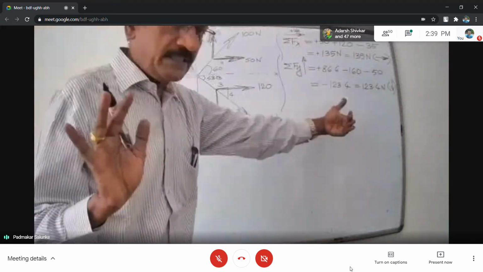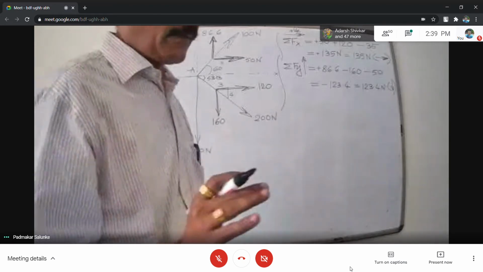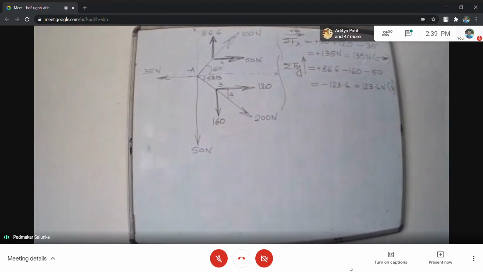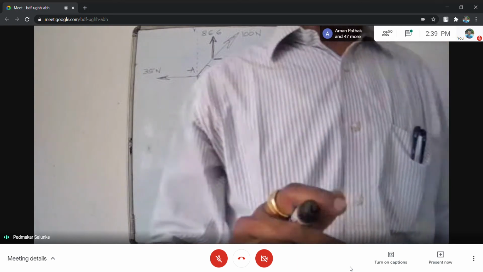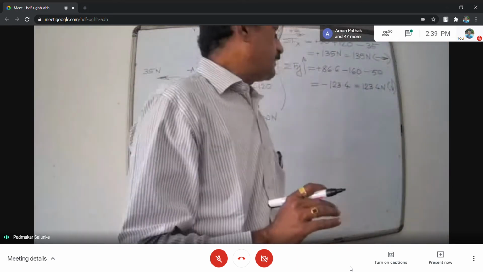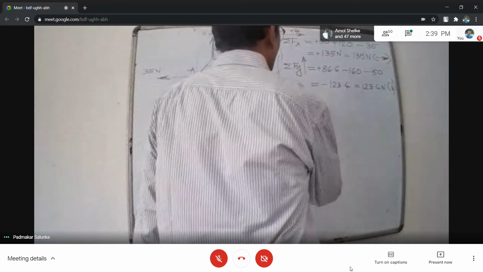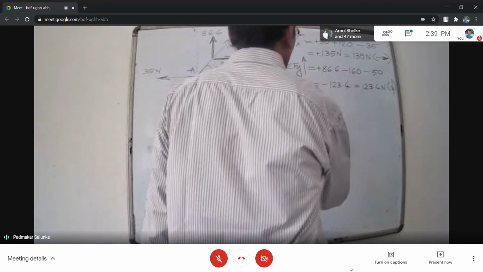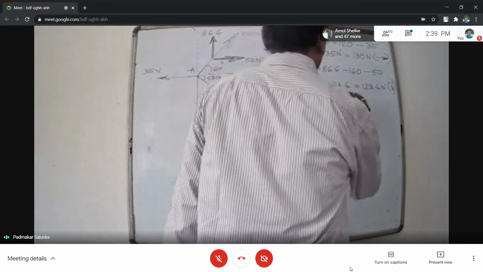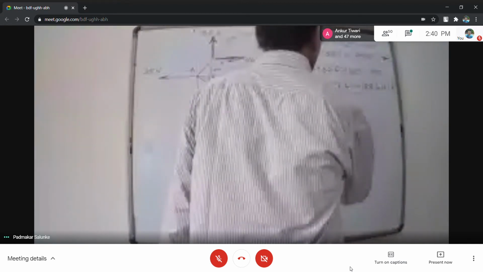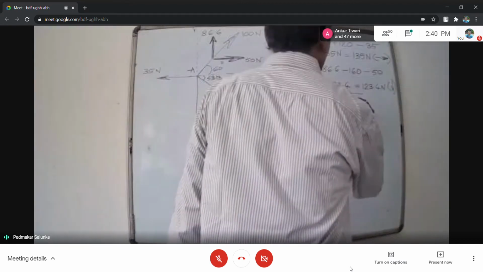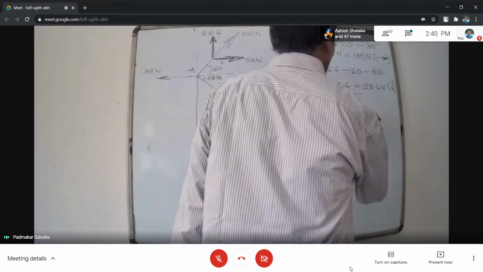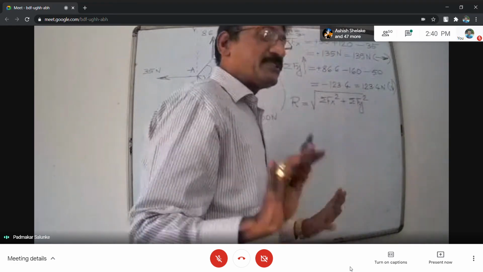This is the third step. Fourth, with this you have to find the magnitude of the resultant. So please write: hence the magnitude of the resultant force R equals the square root of summation Fx squared plus summation Fy squared. This is your next step.